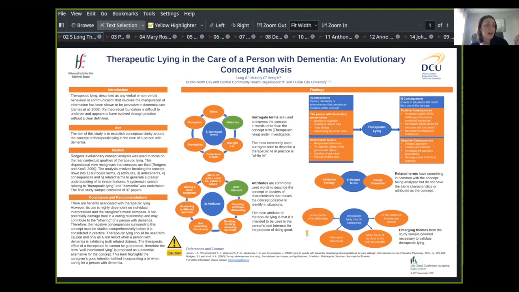I had to say I lost it. I couldn't find it. I pretended to look for them. Another example would be a person with dementia who insists on always wearing the same trousers day and night. Following a bath, the carer removes them and claims she can't find them. The most used surrogate term for a therapeutic lie in the literature was white lie.